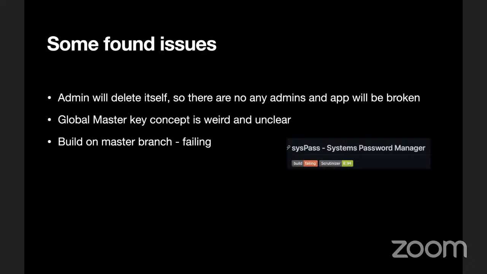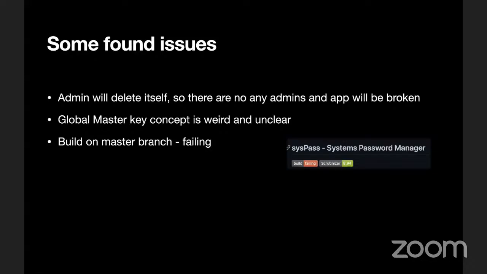The first and quite fun issue that we found is just that an admin could delete itself, and if there is only one admin, the application will be dead because no one could create new users or do something of that. There are concepts with a master key, but it's quite unclear because everyone needs those master keys, and the idea of this key is missing, and the master key is similar for everyone.